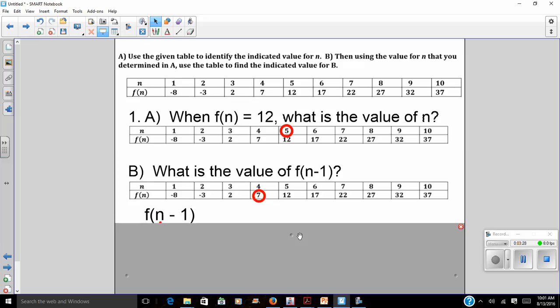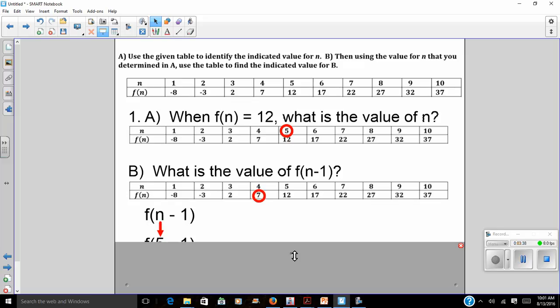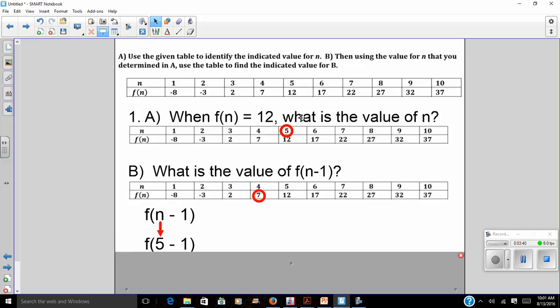Let's take this one step at a time. f of n minus 1 is our given request, and if we know that n is 5, I am going to substitute the 5 that I found in part A into the function notation. So we end up with f of 5 minus 1.